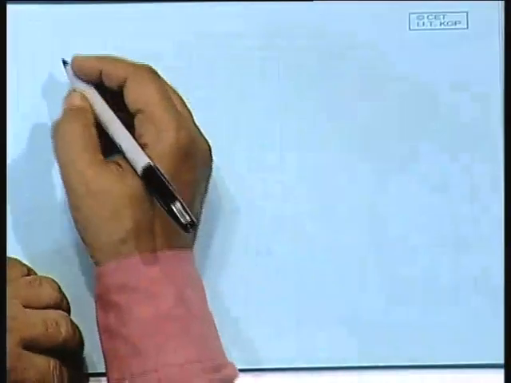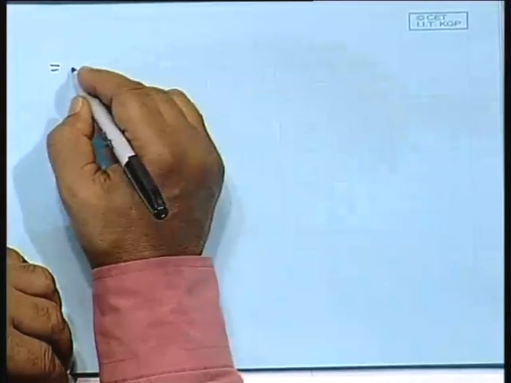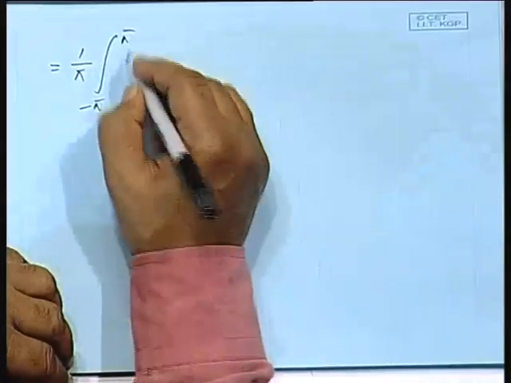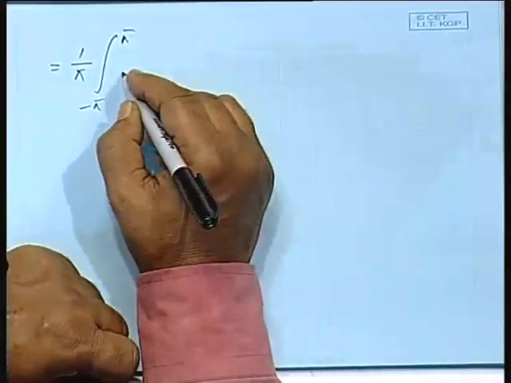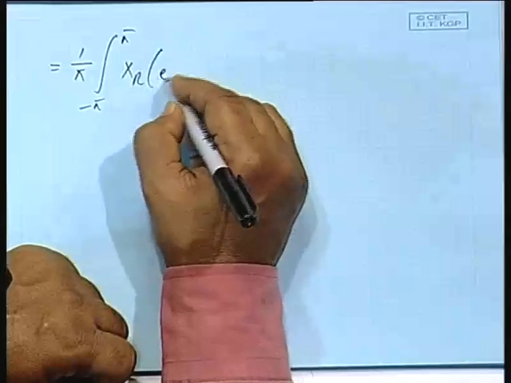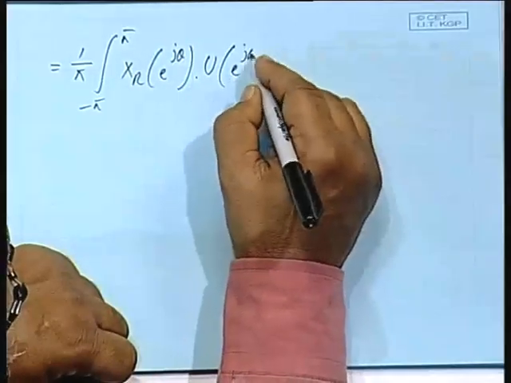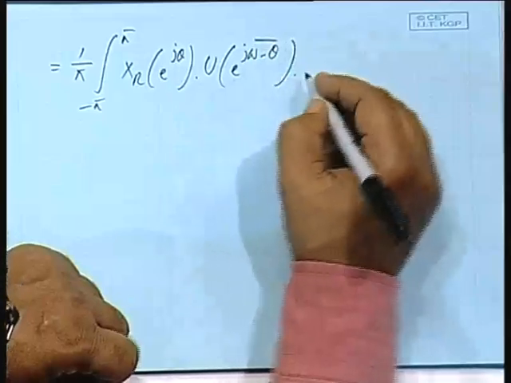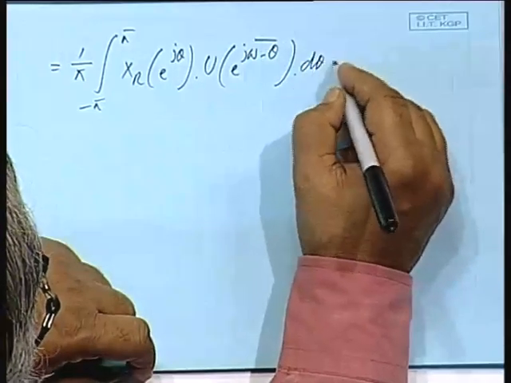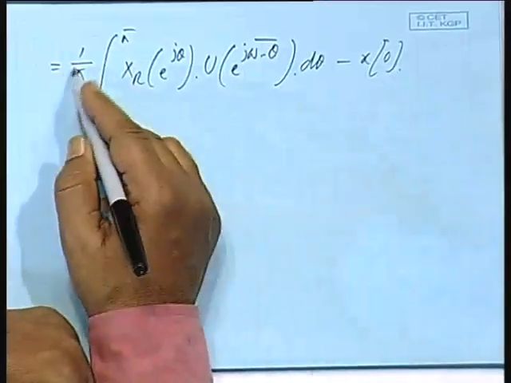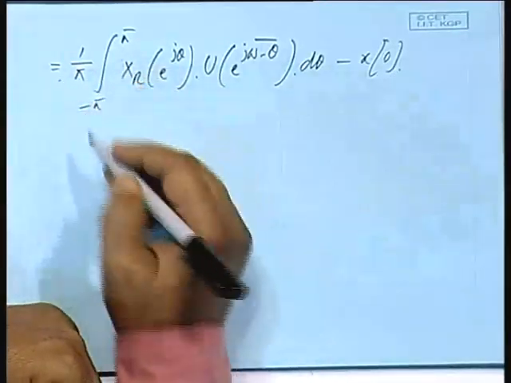So, they will generate nothing extra. If I write in the final form, it will be 1 by π, from minus π to plus π, X_R(e^{jθ}) U(e^{j(ω − θ)}) dθ minus x[0]. So, 2π and the 2 got cancelled.